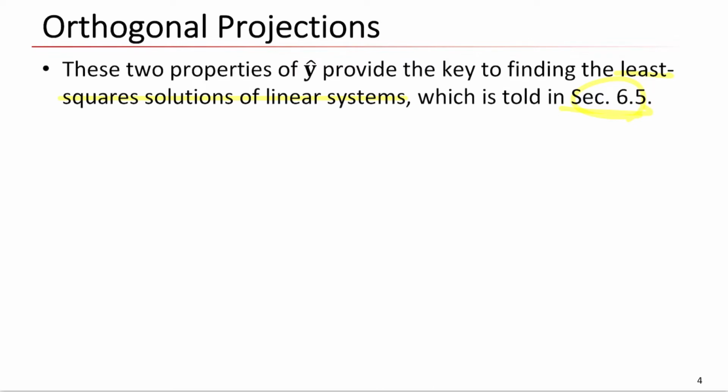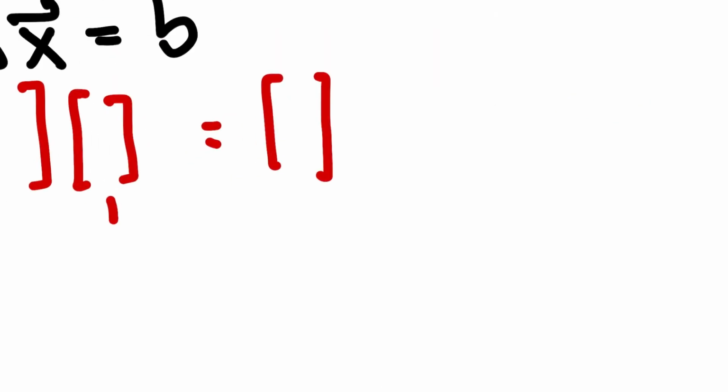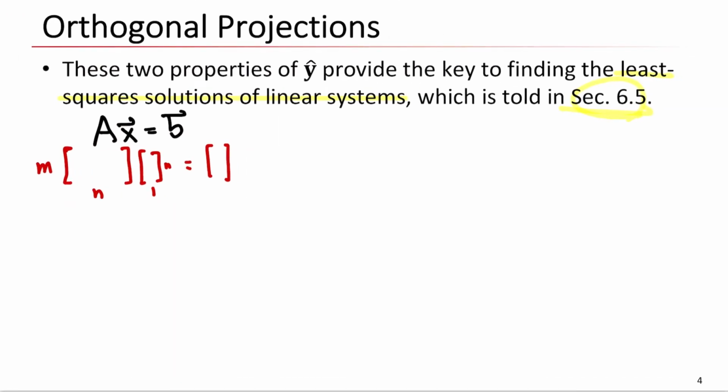In this linear algebra course, we are interested in analyzing and finding the solution of the matrix equation Ax = b, where A is a matrix of size m by n, vector x is n by 1, and vector b is m by 1.